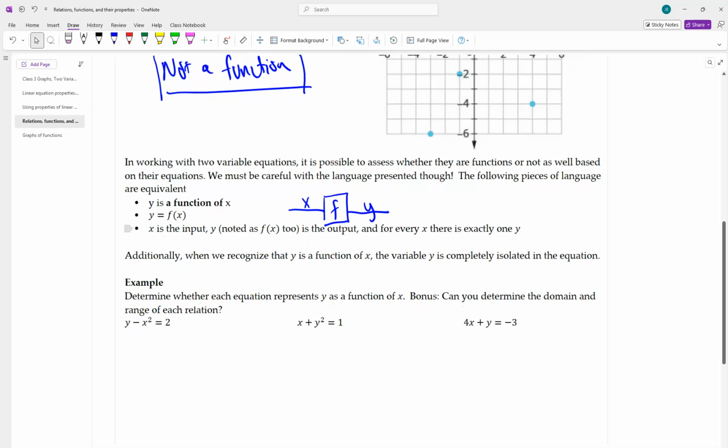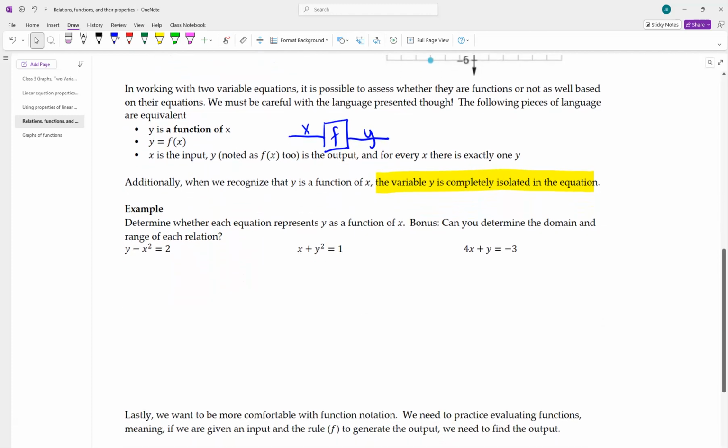And then lastly, when we have this sort of understanding that y is equal to f of x, y is a function of x, we do need to recognize that the variable y is completely isolated in the equation. So for example, if we're trying to determine whether these things are functions of each other or not, specifically y is a function of x, right?